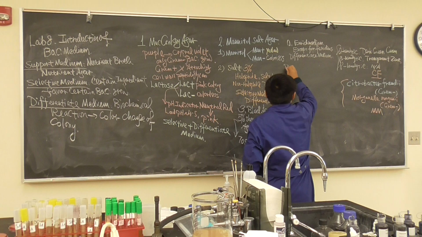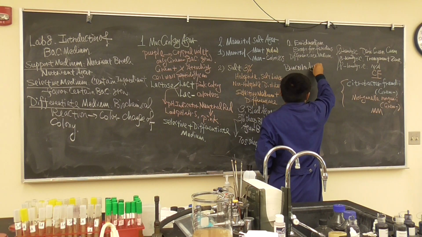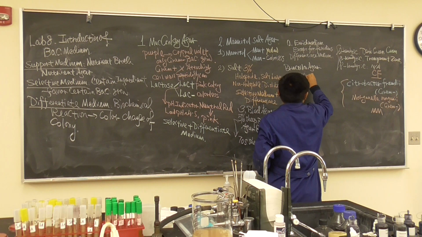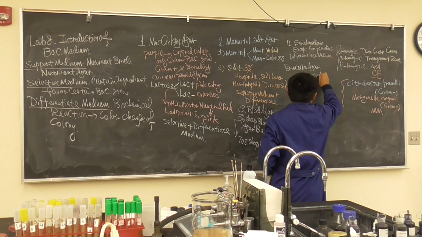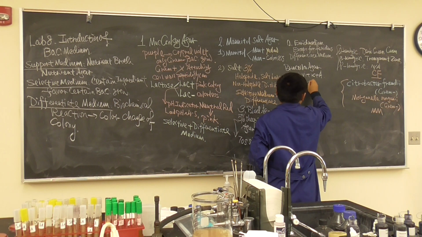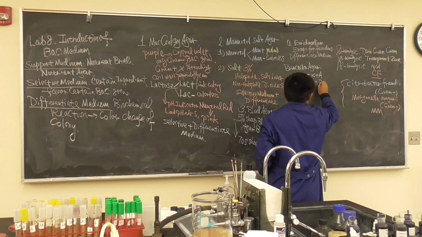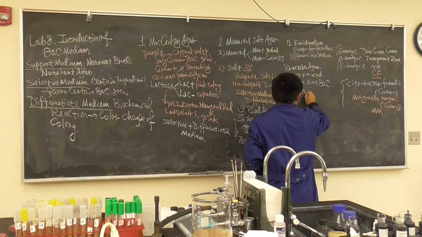Brucella agar with vitamin K and D is for fastidious bacteria, the same function as chocolate agar.